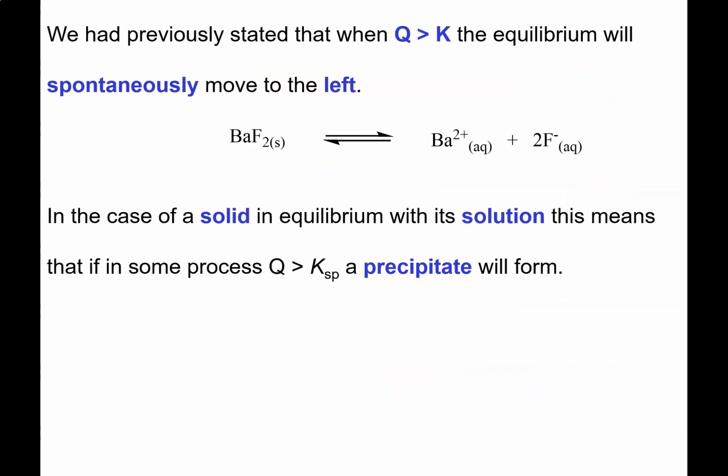The next type of problem that we're going to look at is a little bit more elaborate. These are problems not about dissolving stuff, but more about precipitating stuff. We had previously stated that if Q is bigger than K, then the equilibrium will spontaneously move to the left. And when we're talking about the solubility of an ionic compound, what that means is a precipitate forming.